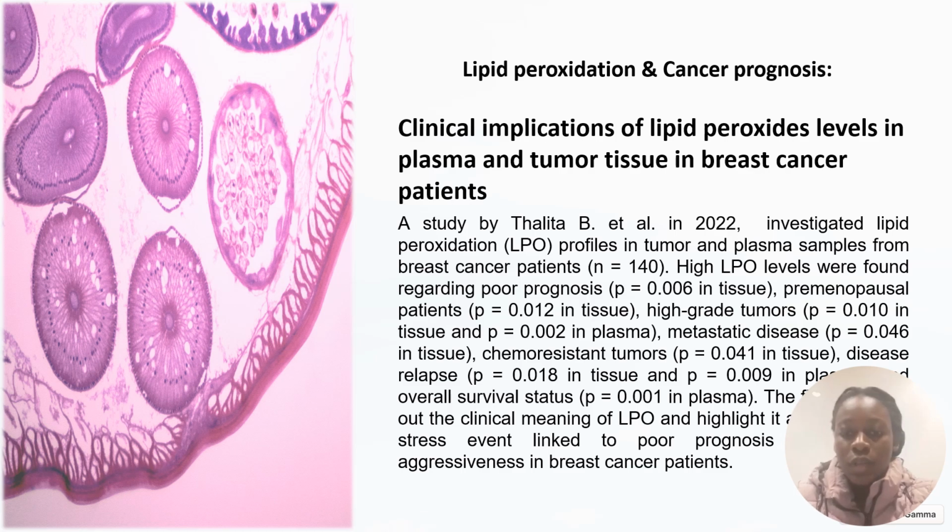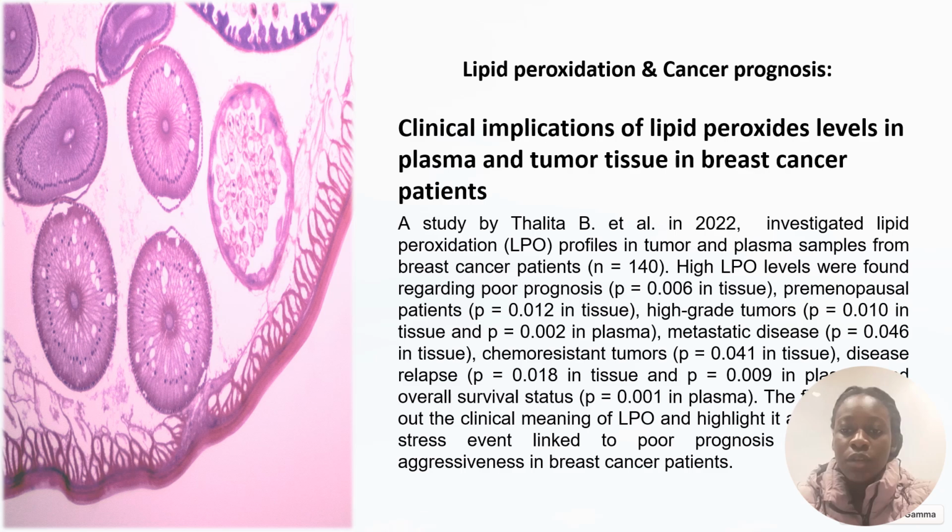So here on this slide, you can see different p-values of premenopausal patients, the p-value of 0.012 in tissues, high-grade tumors, metastatic disease, chemo-resistant tumors.